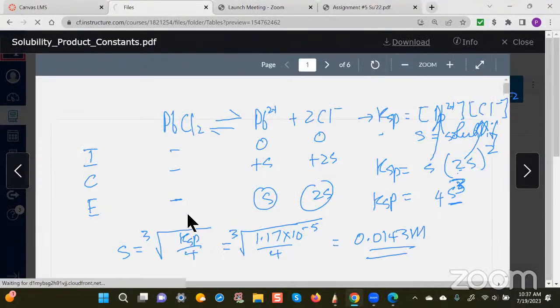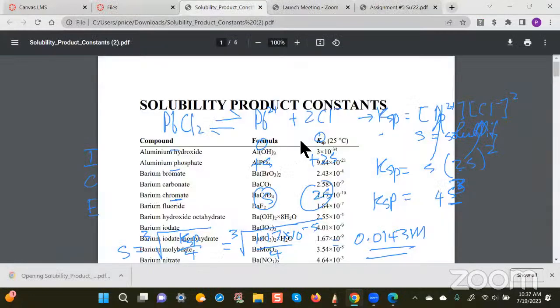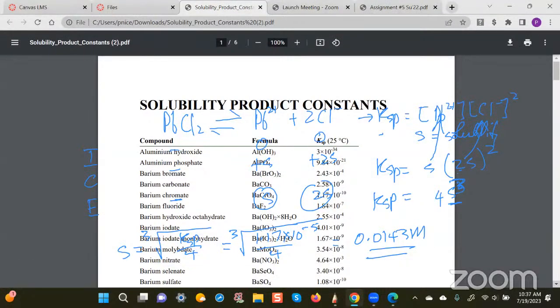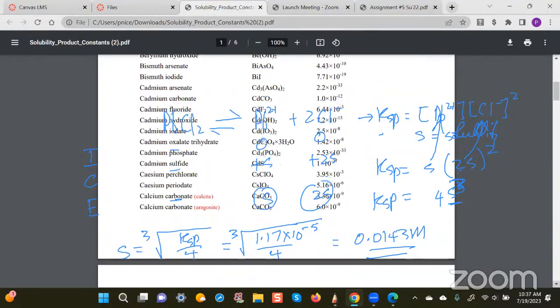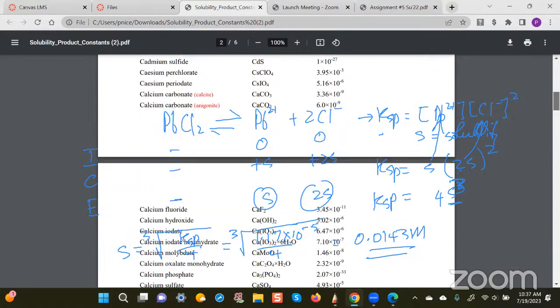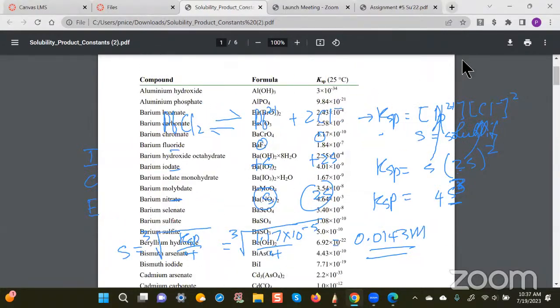If you download it, it's going to look like this. If you're not given the solubility product in the question itself, then you can consult this table. It's 6 pages long, so it's very comprehensive. Of course, you'll have access to this table in your future tests.